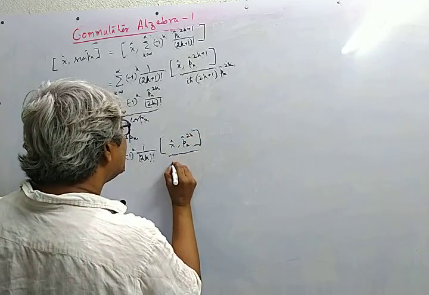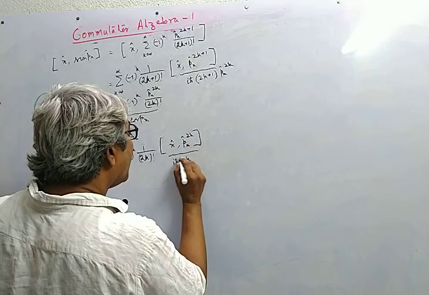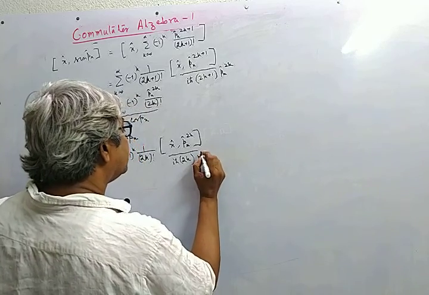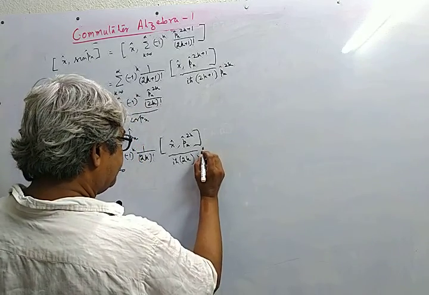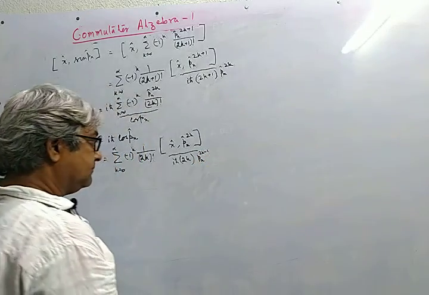This is equal to i h cross times 2k times px to the power 2k minus 1.